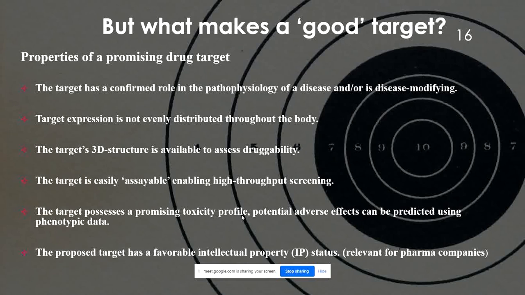And if you can't have those, then you can't market that drug. These are some of the technical terms related to the patenting and marketing of drugs, but that's not required for you. But if you are in an industry and need to design a drug for marketing, then of course you have to have this favorable IP tag on that particular protein that you are using.